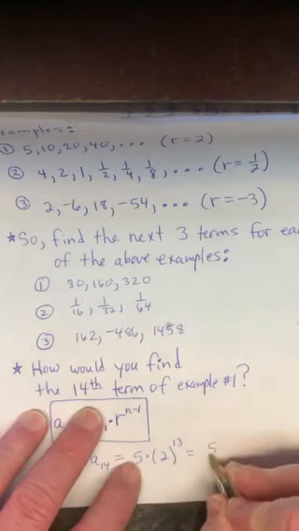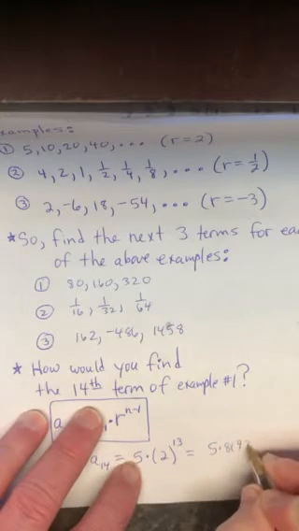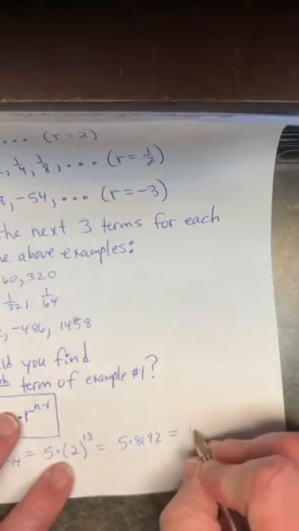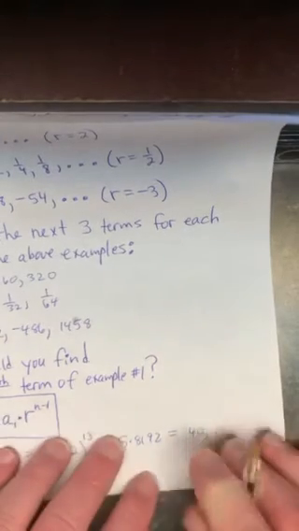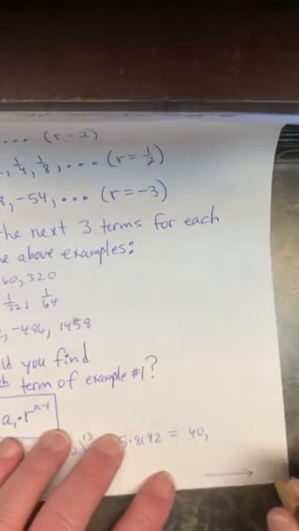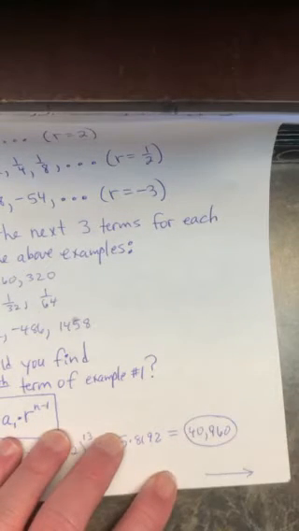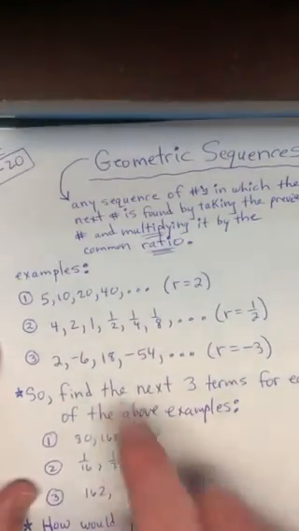So it's really 5 times 8192, which is, back to my calculator. Wow, who would have thought that the 14th term grew all the way to the number 40,960.